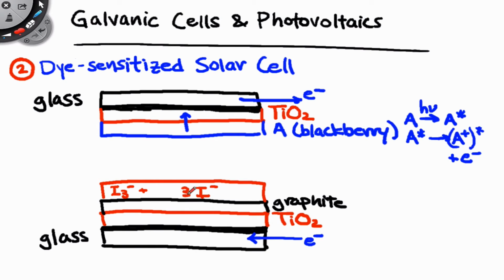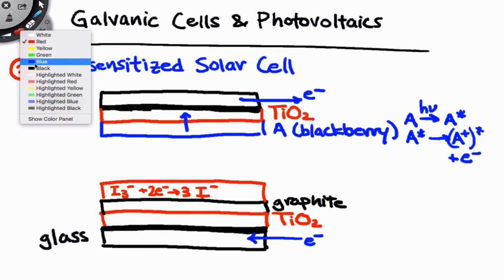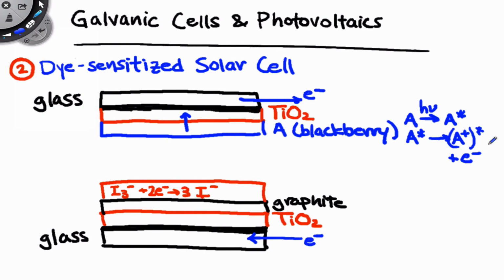What happens here is the two electrons that have been injected from the graphite layer are used to reduce triiodide to I minus and complete the cycle, giving electrons back to the blackberry juice layer so that this cationic anthocyanin is reduced back to a neutral anthocyanin. The I minus or iodide ions are able to engage in this reduction. So this is going to send electrons back into the anthocyanin layer, and we can see how we've completed the cycle.